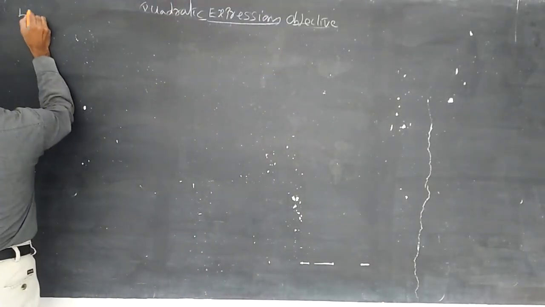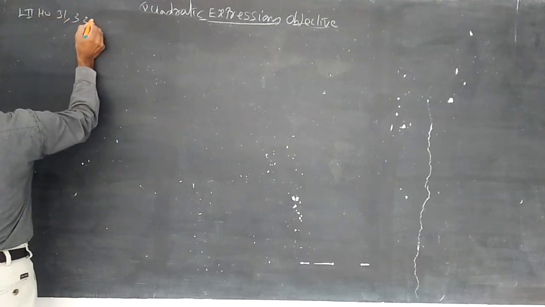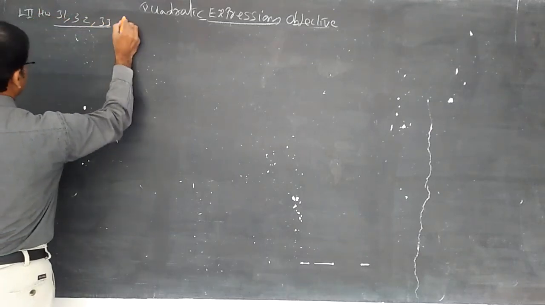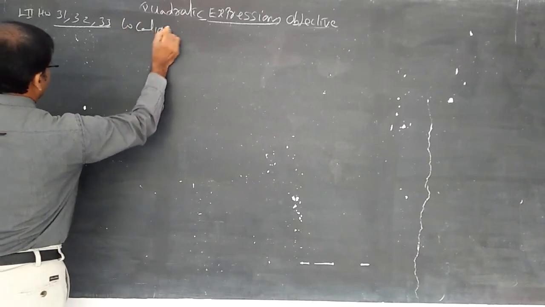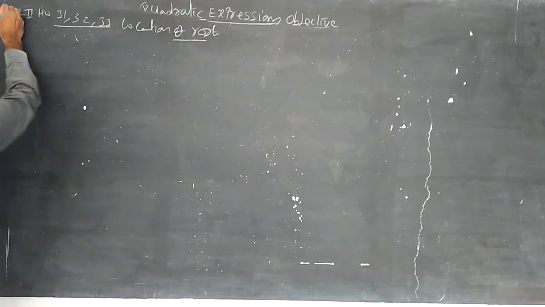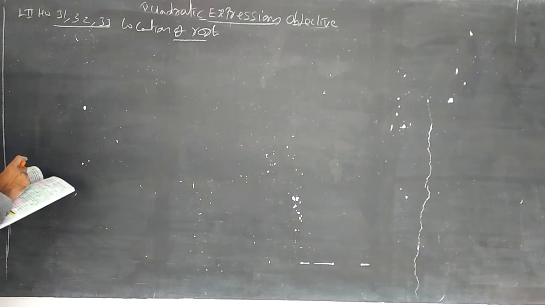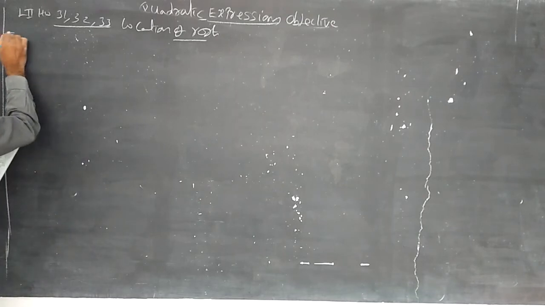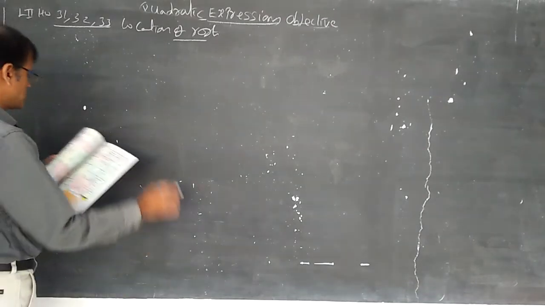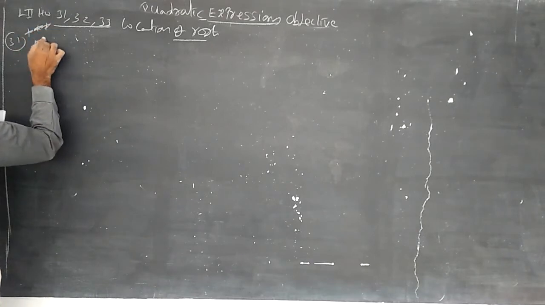Level 2 homework, 31, 32, 33. Now I am going to discuss the concept of location of roots. First, question 31: if both roots of the equation exceed a.